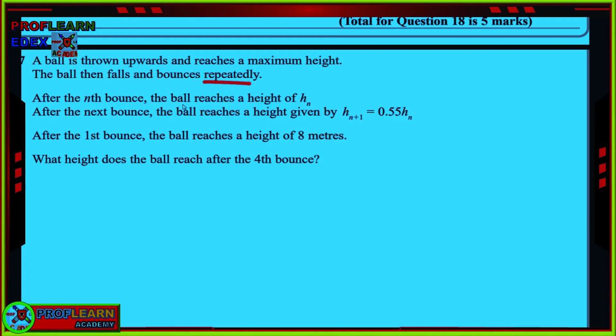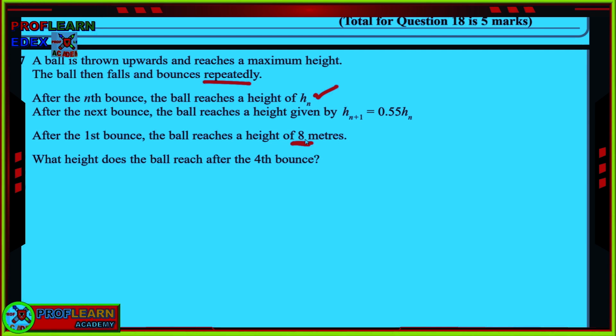After n bounces, it reaches a height hn. We are given hn plus 1 is 0.55 hn. After the first bounce, it reaches a height of 8 meters.